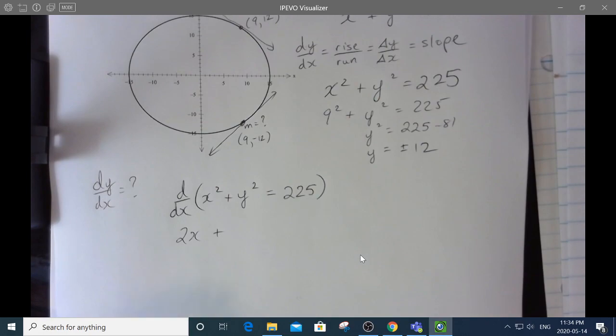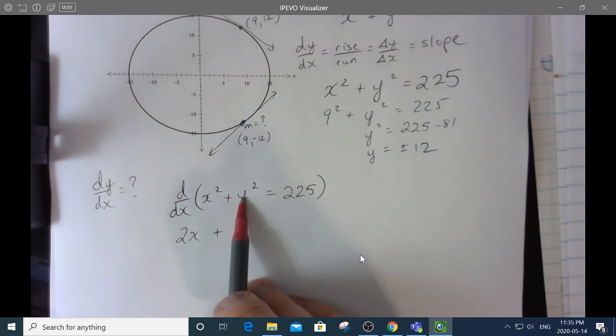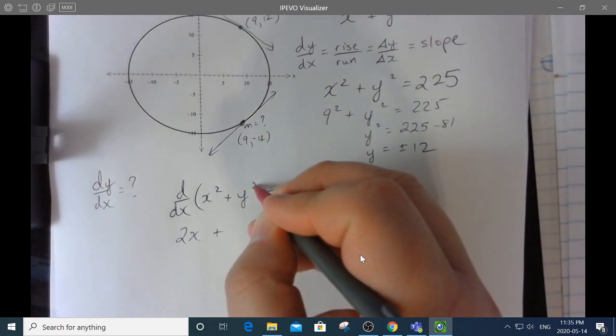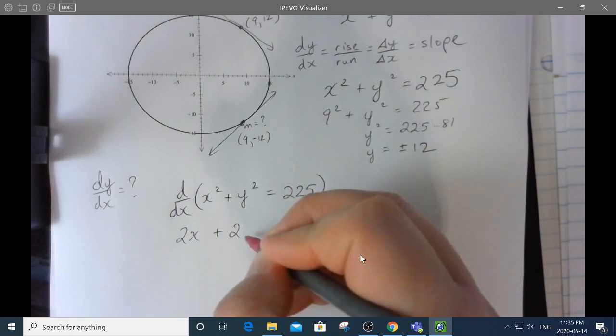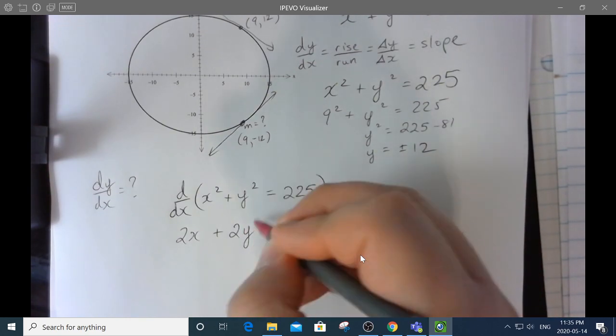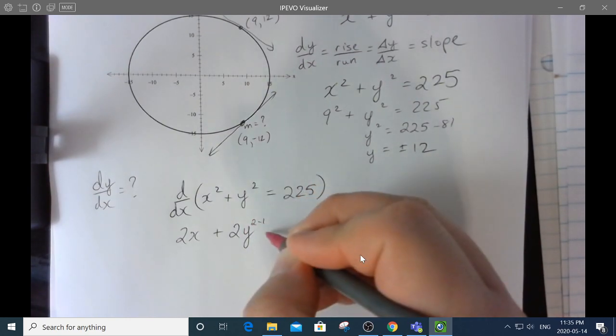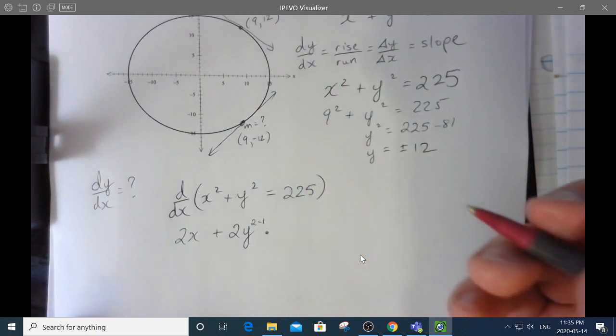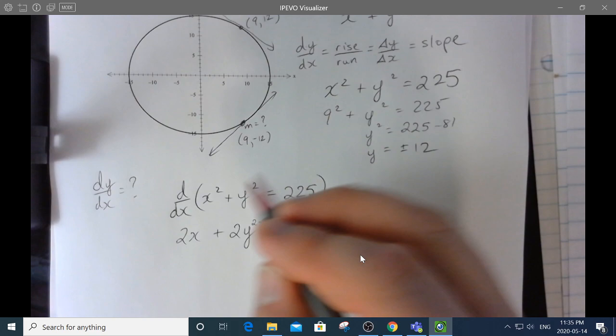Well, remember how when we did chain rule and we found the derivative where we had, say, a u here and then u was another function defined in terms of x? Well, what we do is the exponent becomes the coefficient, and then you'd go 2 minus 1 for the exponent, times the derivative of y, but that I'm going to have to leave as the derivative of y with respect to x, right?